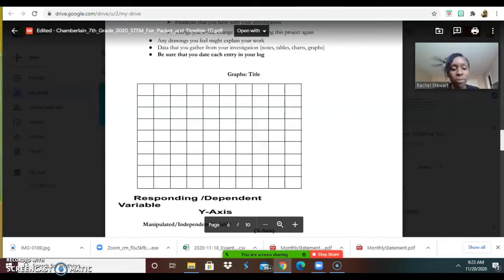The days would be your y-axis, and the growth will be your x-axis. So on 2 days it grew 4 inches, on 3 days it grew 6 inches. So that's your data points that you need to put.